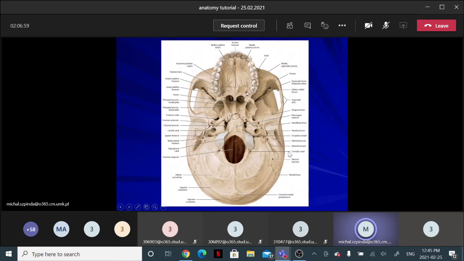It's called the greater palatine foramen. It does not refer to the horizontal plate of palatine bone. It refers to its pyramidal process. The pyramidal process of palatine bone has one big greater palatine foramen in front, and behind it 2 or 3 lesser palatine foramina.